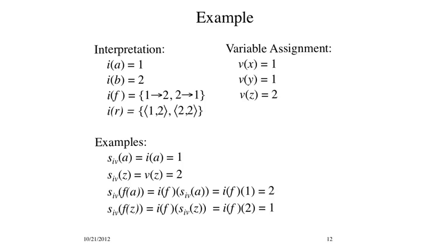The value assignment of the term f of a is 2 because that is the value of the function f applied to the value assignment of a. Remember, a has value 1, and looking in the interpretation of f, we see that 1 has value 2. Hence, the value of f of a is 2. And finally, the value assignment of the term f of z is 1 because that's the value of the function applied to the value assignment of z.